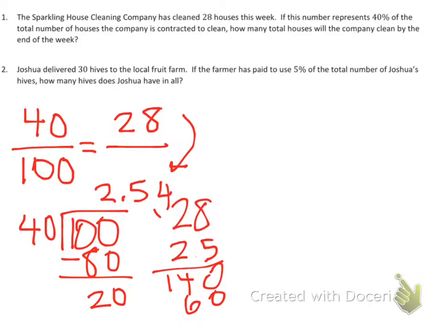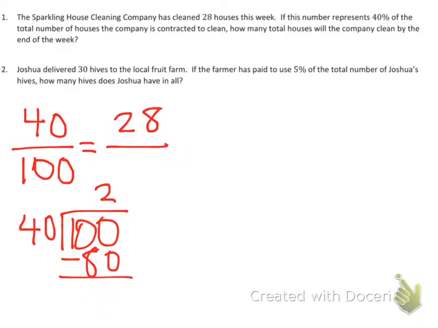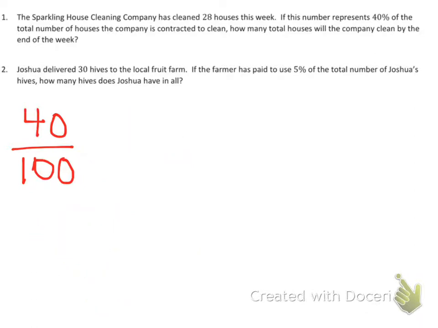Okay. Let's get all that out of the way, and we'll do number 2. Number 2, Joshua delivered 30 hives to the local fruit farm. If the farmer has paid to use 5% of the total number of Joshua's hives, how many hives does Joshua have in all? Well, 5% is 5 out of 100, part to whole ratio.